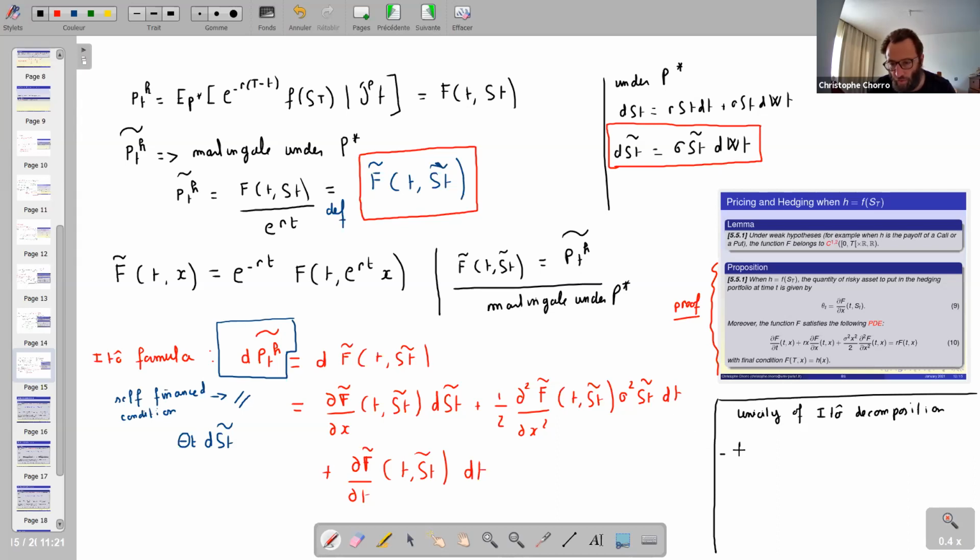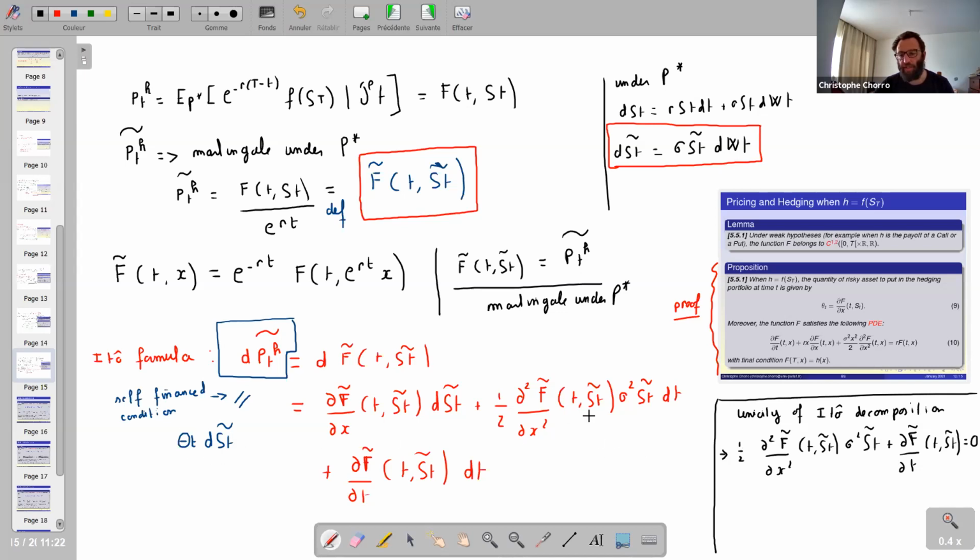So first, one half the second derivative of f tilde over dx squared at t, S t tilde, sigma squared S t tilde, plus the derivative of f tilde over dt at S t tilde. This one is 0. The part in dt here is 0 because I don't have a part in dt here.